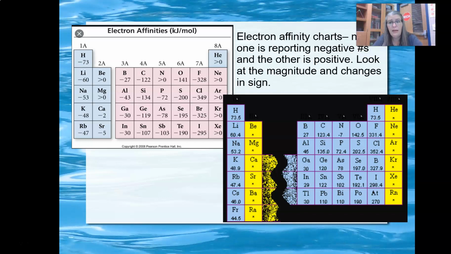So you really want to look at the magnitude of the number and look for changes in sign. Like, I go from here, where I expect carbon to not really form an ion, it really forms covalent bonds, to nitrogen, which does form a negative ion, and the sign kind of changes.